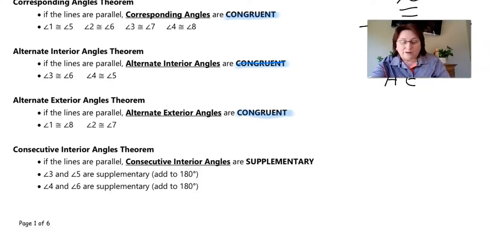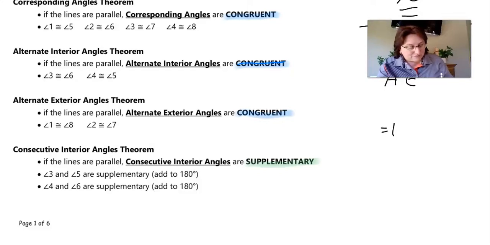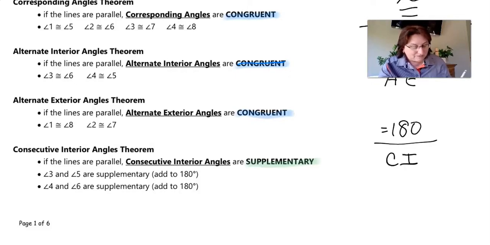If we have parallel lines, then consecutive interior angles are supplementary. So if they are supplementary, that means they add up to 180 degrees.